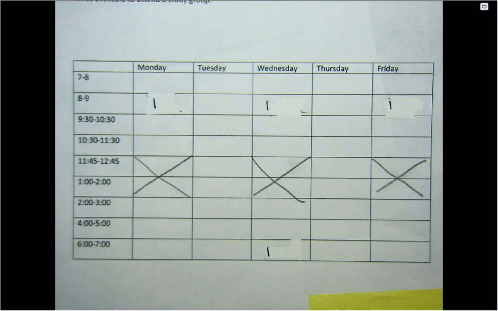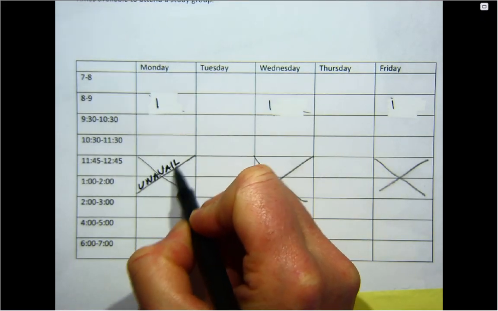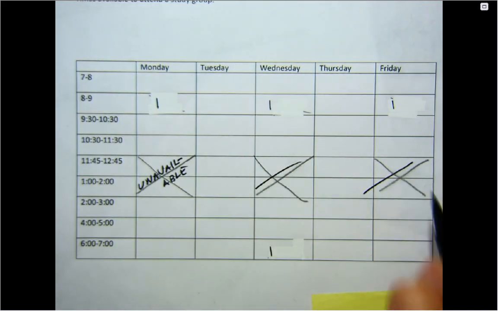So if you're interested in a study group at all, put tally marks at the times when you're free to go to a study group, and then the time period that has the most tally marks will be the time that Jake will offer a study group. He's unavailable here, that's why these are crossed out. But otherwise, he's willing to set up a study group.